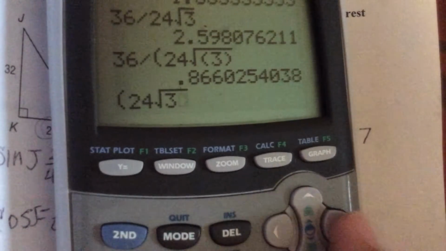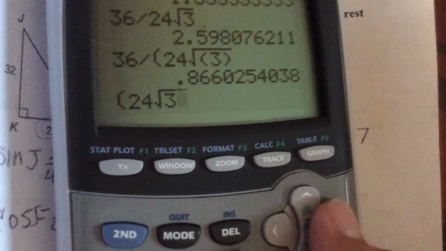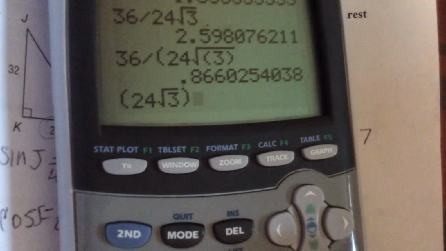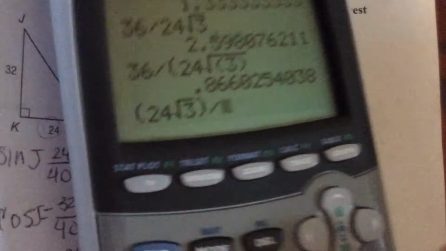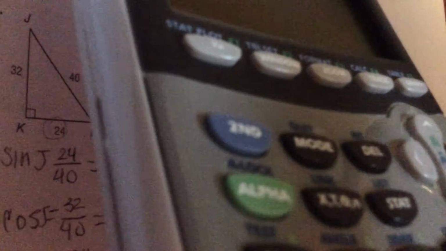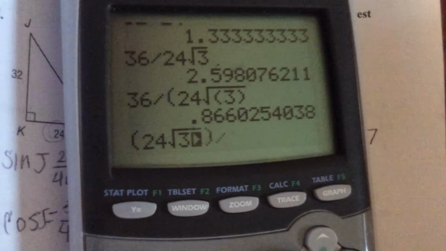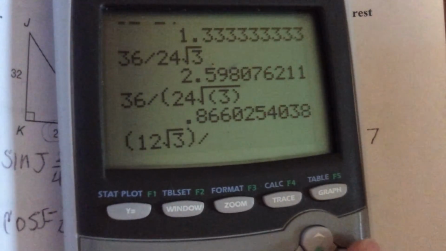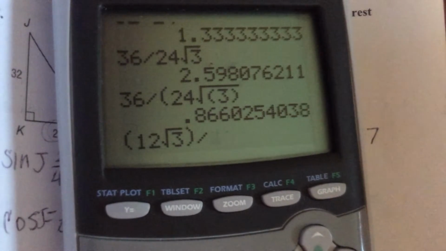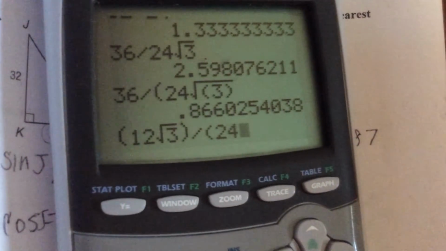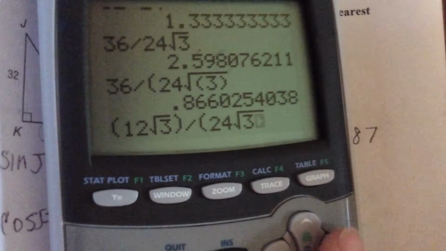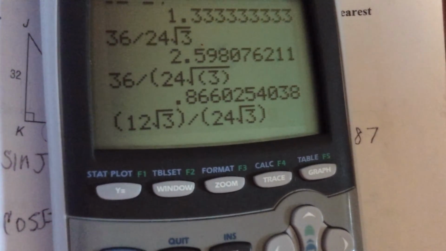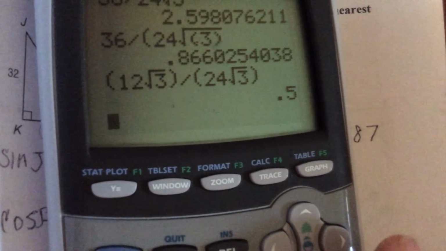And I'm going to push this arrow over to get rid of the square root. Okay, and put that in parentheses, divided by, oh, that should have been a 12, sorry. 12 square roots of 3 divided by 24 square roots of 3, arrow over, and that should come out to 0.5.